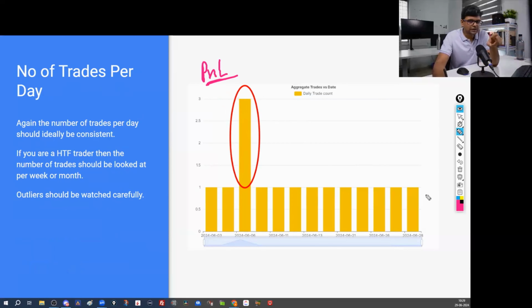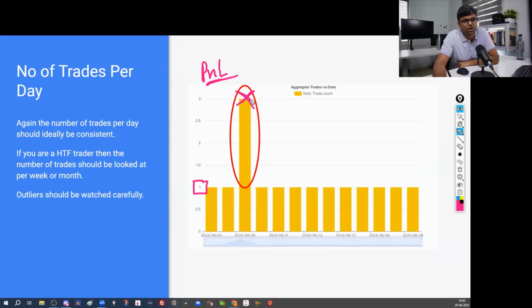Now, if you look at this, it is incredibly consistent, barring one day where I lost my cool. How do I know that? Because I have a rule. If certain things happen, I am going to stop trading. Look at what is happening here. I'm consistently taking just one trade a day. And on this day, it was not good because I took multiple trades on that particular day.